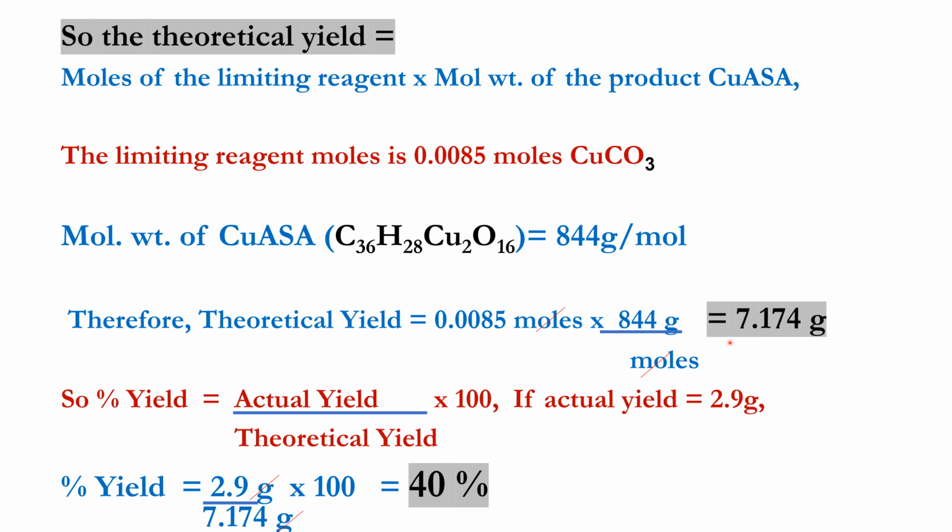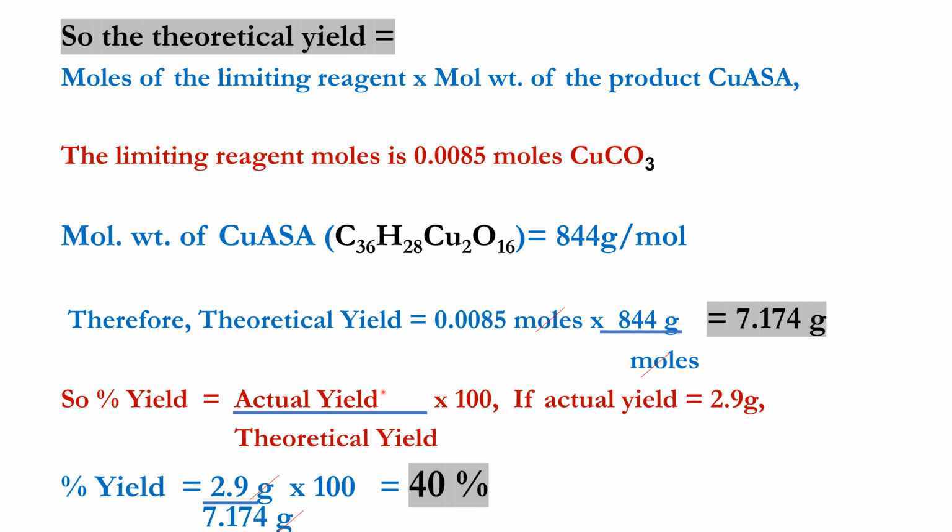So now that we have the theoretical yield, we can now calculate the percentage yield. To calculate the percentage yield, you use the formula: percentage yield equals actual yield divided by theoretical yield multiplied by 100. Let's assume that the actual yield is 2.9 gram. We don't know, I just use one value to show you how to do the calculation. It could be any value, but since this question did not give the actual yield, we just assume that it is 2.9 gram.